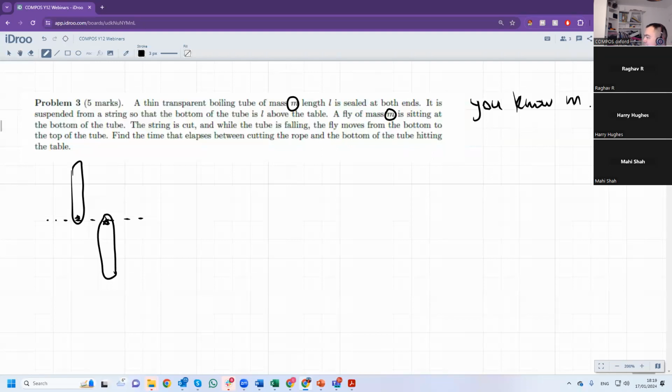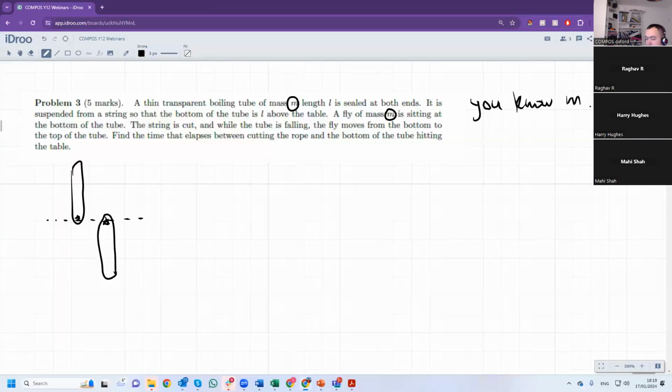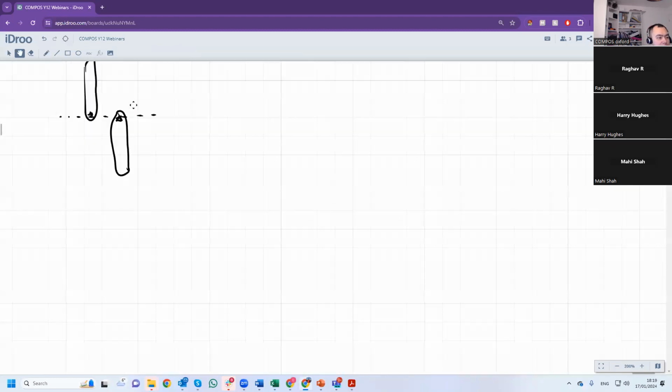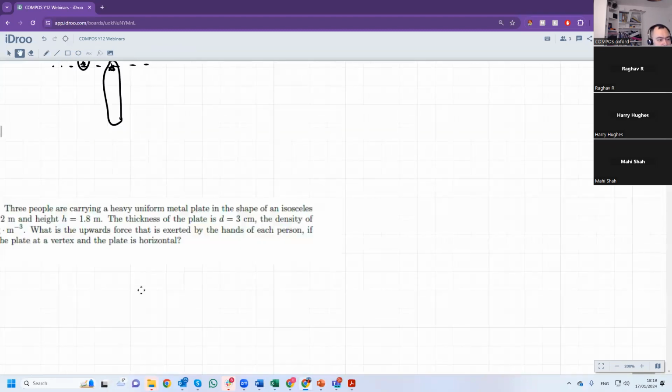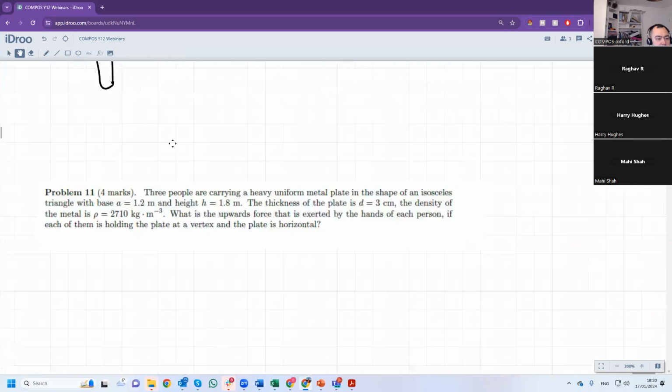Physics 11 and 12. It's just moments. What's the difficulty?